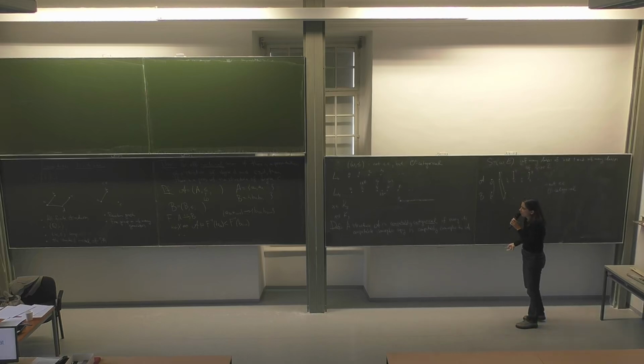Actually, in both this situation and this situation, we can find infinitely many structures that are computable, isomorphic to our structure, but pairwise non-computably isomorphic.